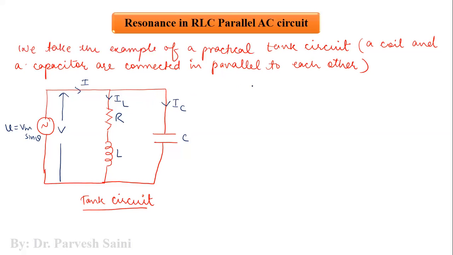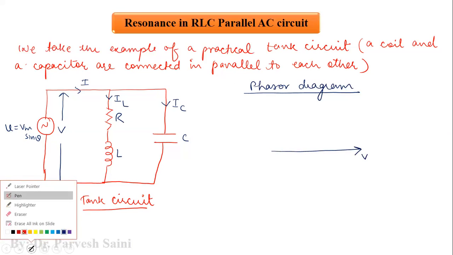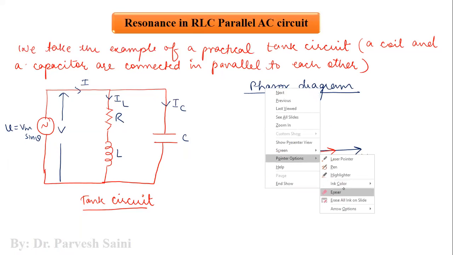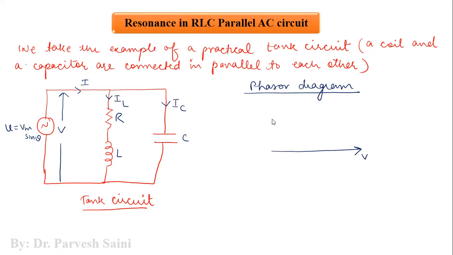So if we have to draw the phasor diagram here, the voltage phasor is taken as the reference phasor V, and then we have the current phasor, which is this one, let us say. In this we will not take it like this. So let us remove this one.